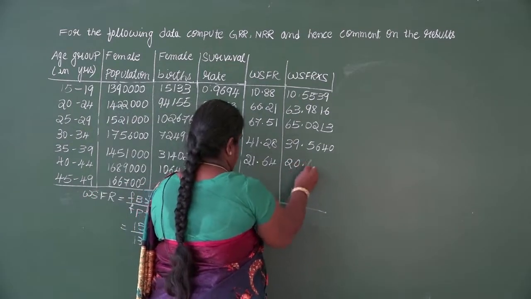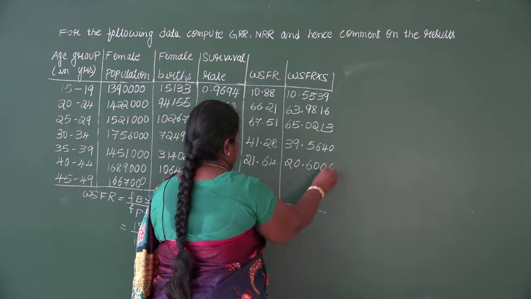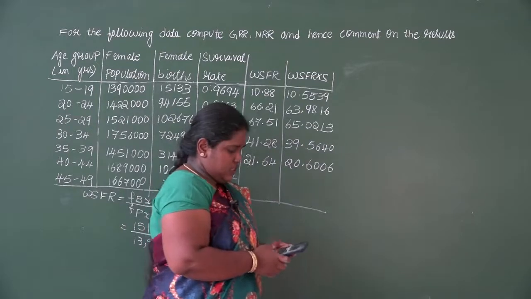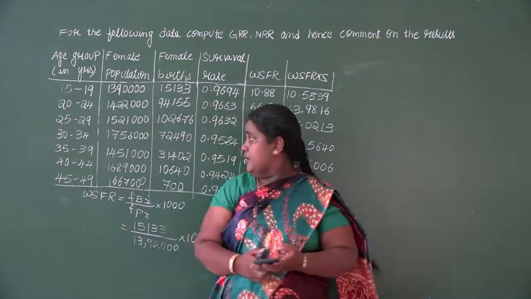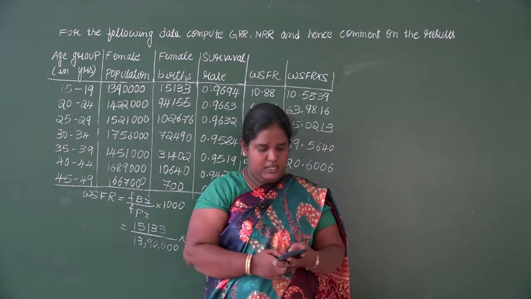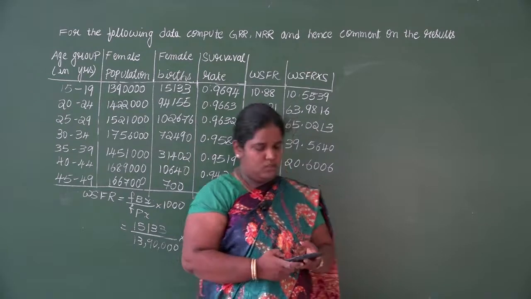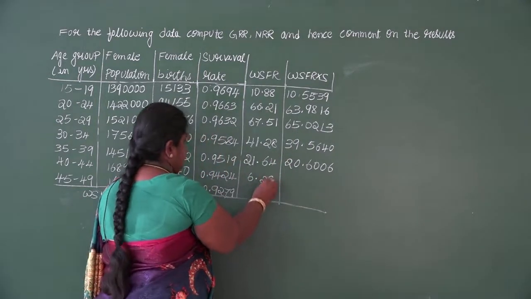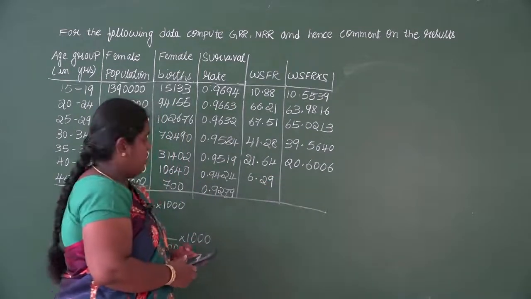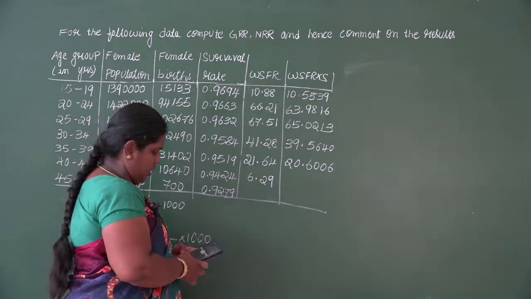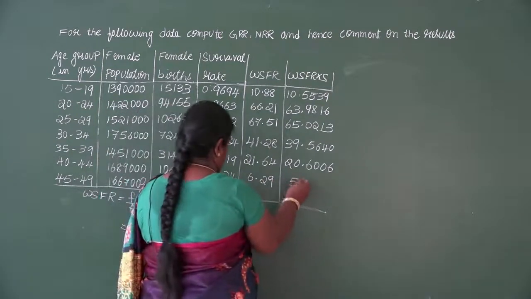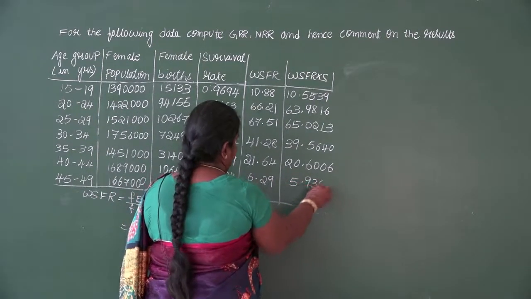It is 20.6006. Next, 10,640 divided by 16,89,000 into 1000. 6.29. Multiply with the survival ratio 0.9424. 5.9367.